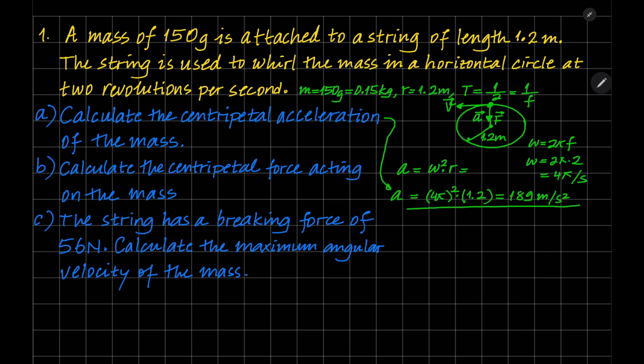You know that centripetal force is equal to MA, which is equal to mass 0.15 kilograms times acceleration 189, and this is equal to 28.4 newtons. This is the answer of choice B.